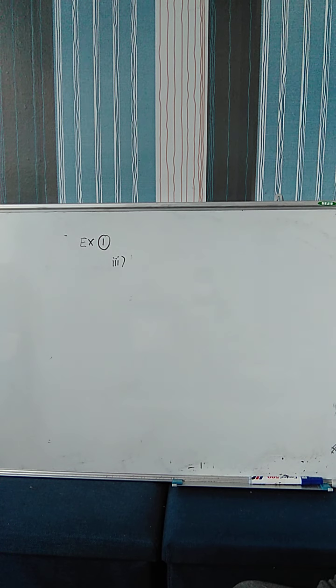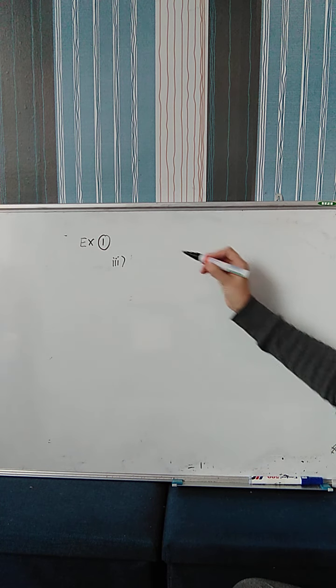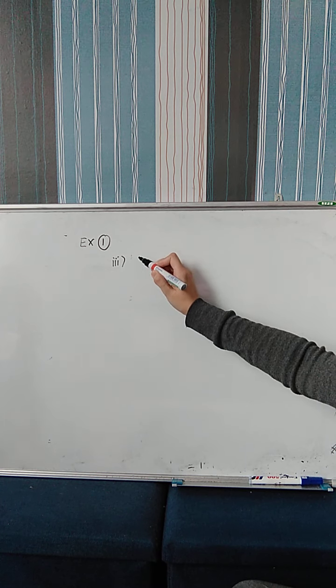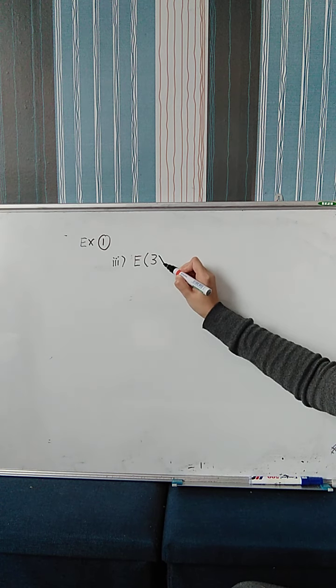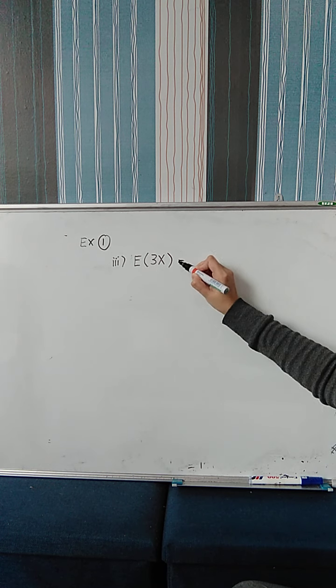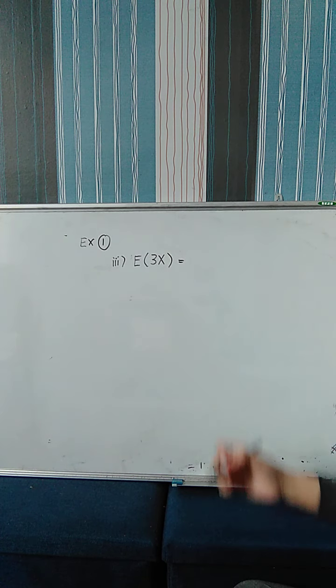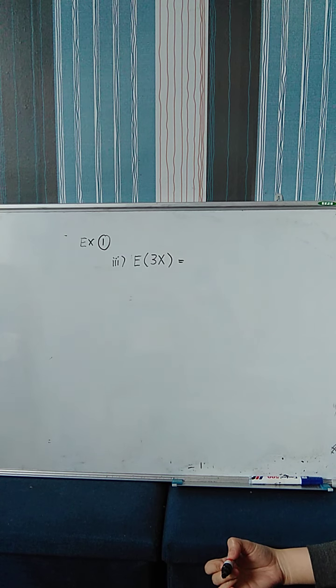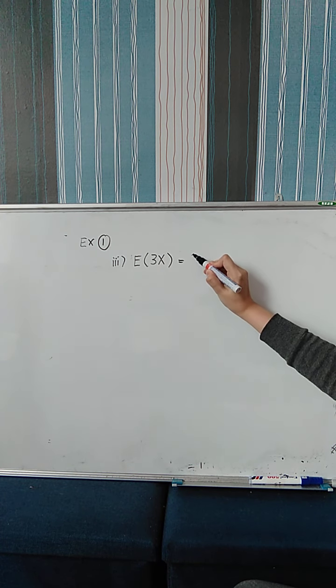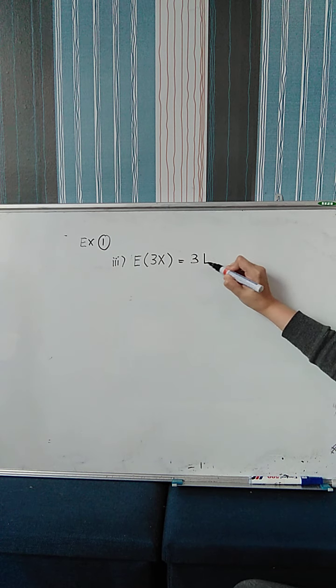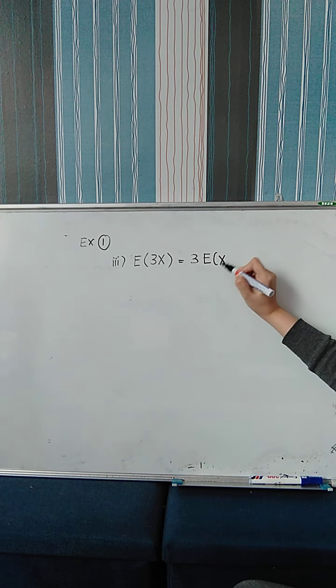Let's continue to number 3. Find expected 3x. Here we start to use subtopic 7.3. Expected 3x means you take the value of 3 and then expected x.